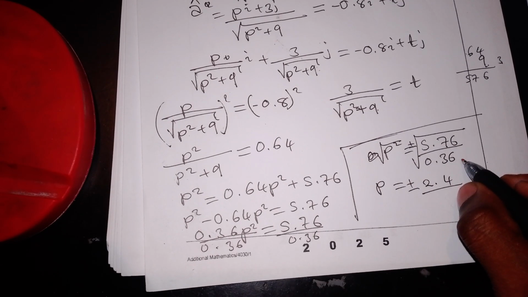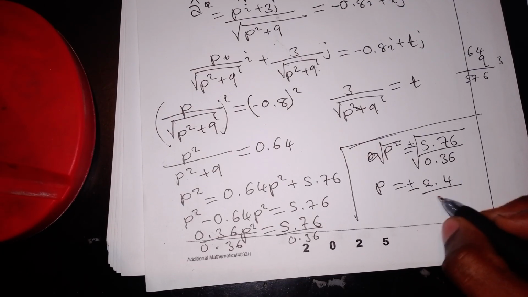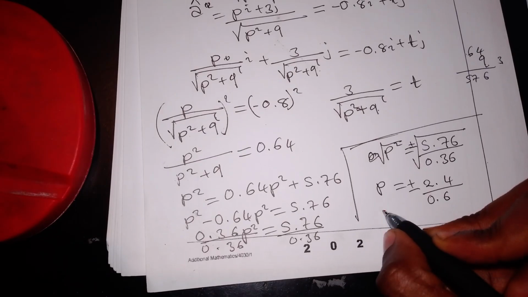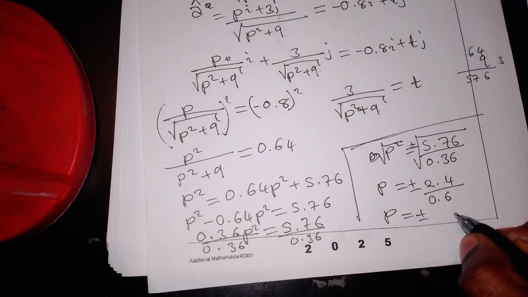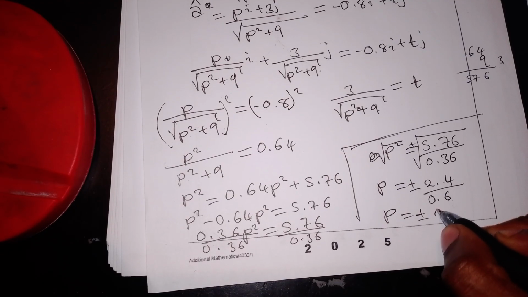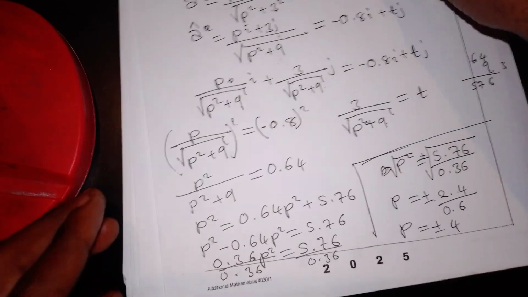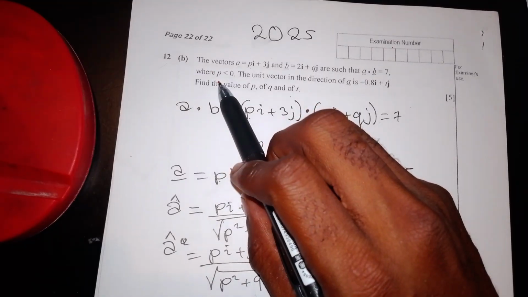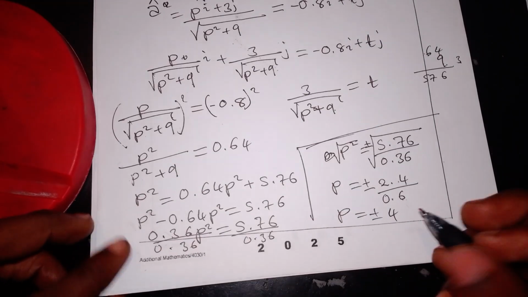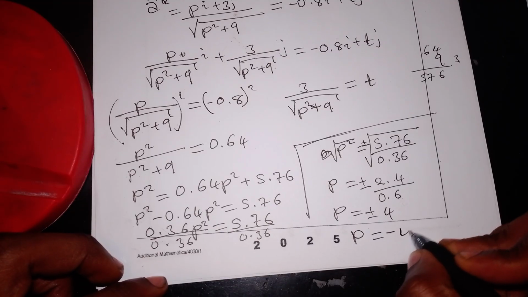And then this is like 36, so the square root of this should be 0.6. So that means your p is plus or minus 2.4 over 0.6, that should be 4. So that's your p. But of course, we had the condition. We've been told that p is less than 0. So that means your p is equal to -4.